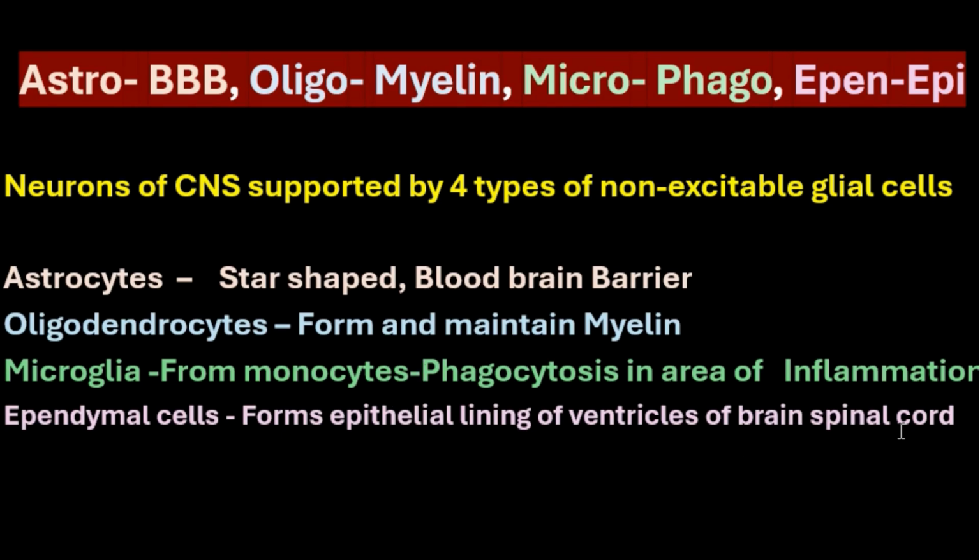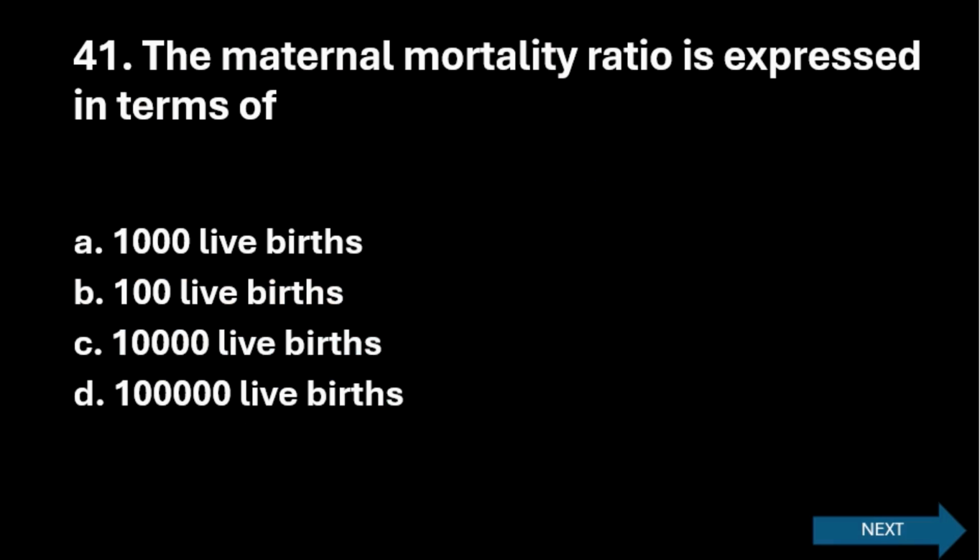Next question. The maternal mortality ratio is expressed in terms of: option A, 1000 live births; option B, 100 live births; option C, 10,000 live births; option D, 100,000 live births. The right option is option D, 100,000 live births.